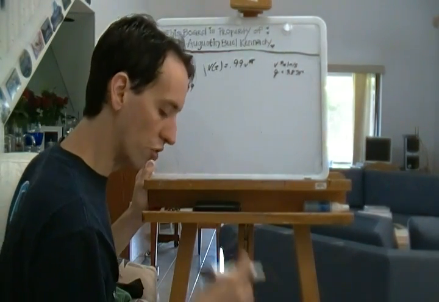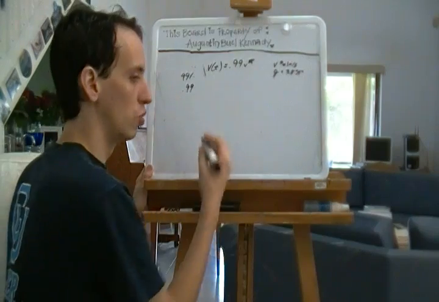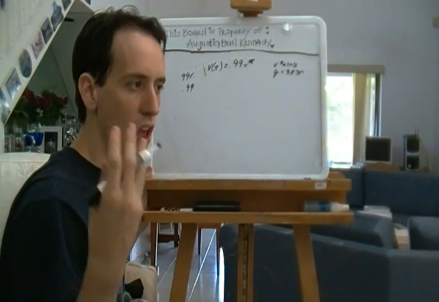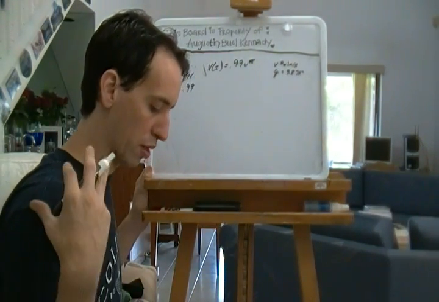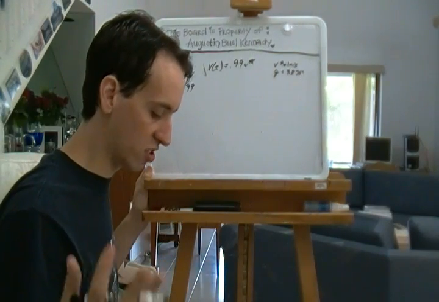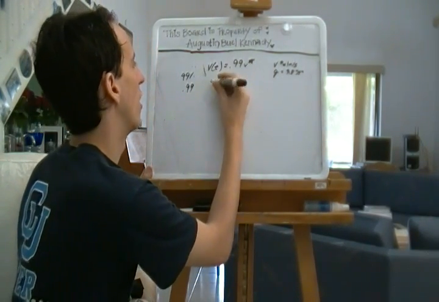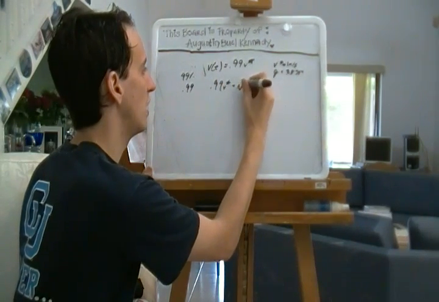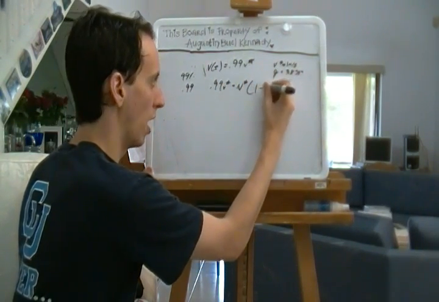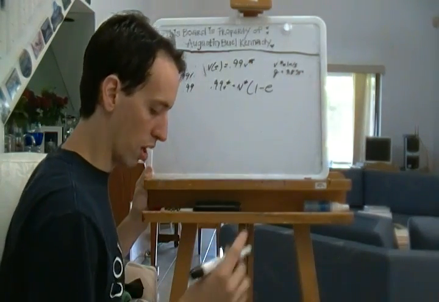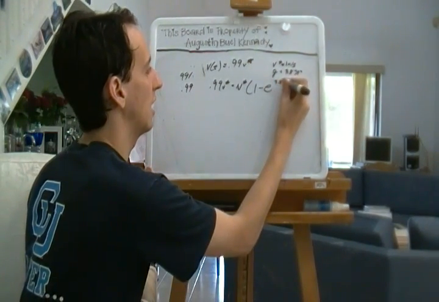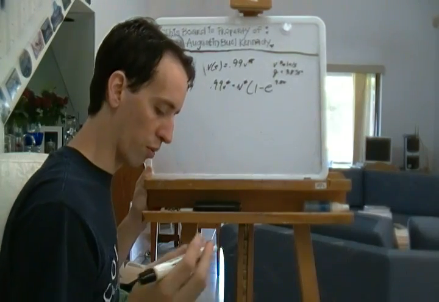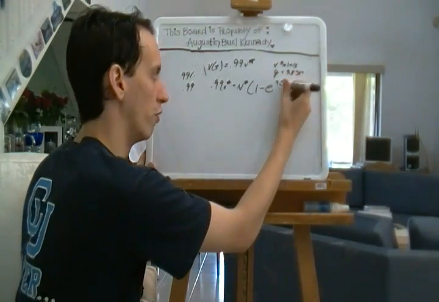Okay? So the way that we write this now is we take the function and we replace V of t with 0.99 V star. So we have 0.99 V star equals V star times 1 minus e to the negative 9.8 t, and we remember it's just g over V star.